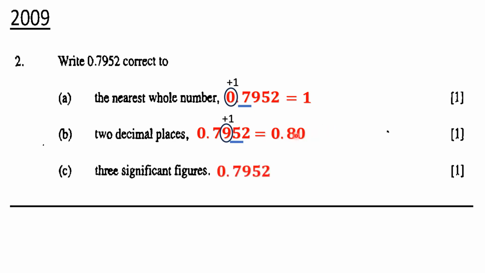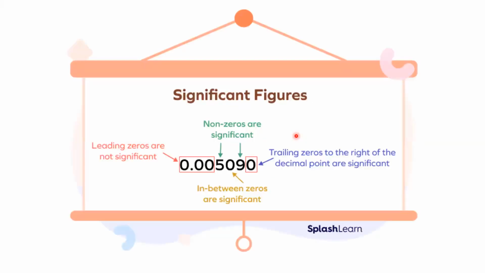Now they say they want it to 3 significant figures. Let's look at some rules for significant figures before I explain that answer. It's very important to note that leading zeros are not significant. So if you have zeros at the front, they are not significant.